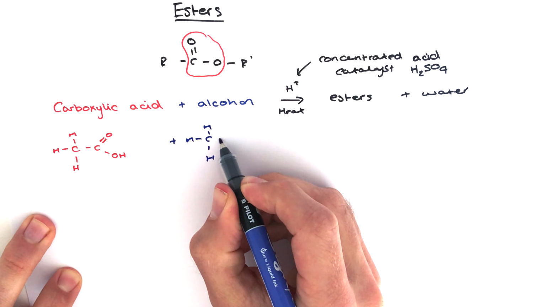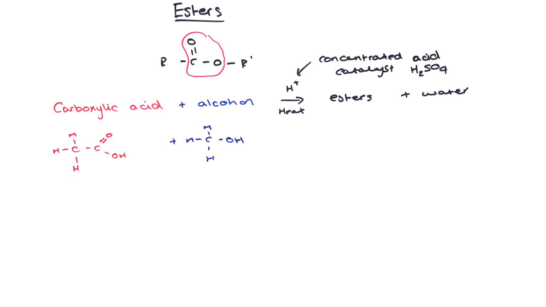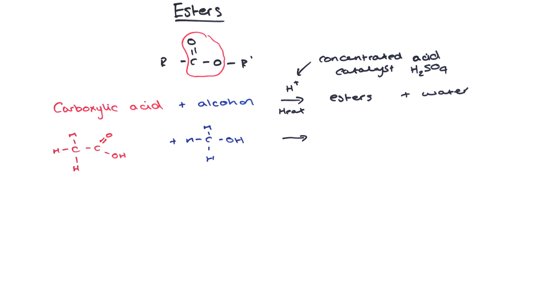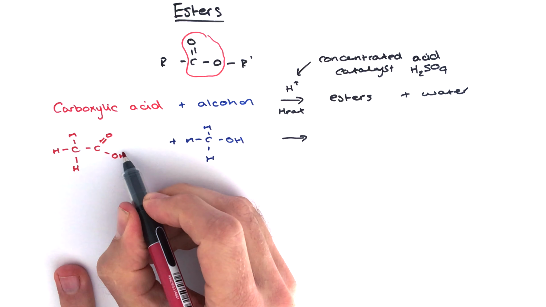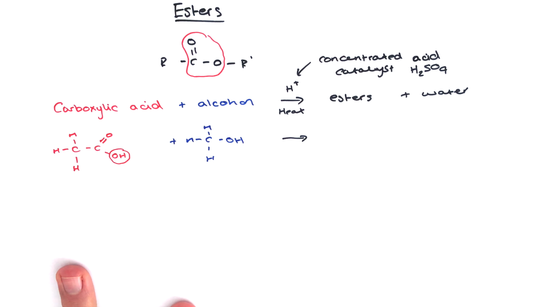So this is methanol. Now the reason why I want to draw colours here is to show you exactly where all the key parts of the ester come from. So the first thing to note is for the carboxylic acid, this part here, the OH group, that's going to be lost as part of the water.